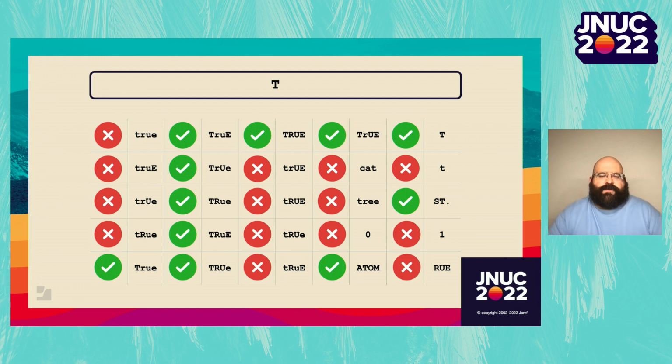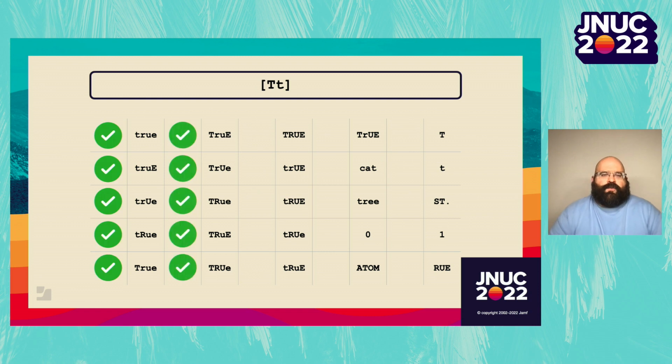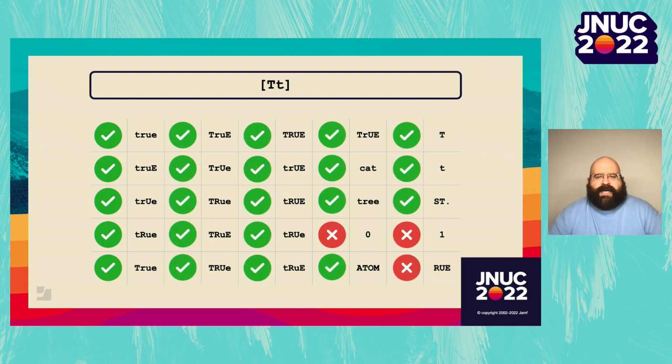Well, that takes us to the first set of special characters that I want to introduce to you, and those are square braces. What we're going to do with those square braces is enclose an uppercase and a lowercase t in them, and that makes a list of characters. What this tells a regular expression is that in this one location, there can be either an uppercase T or a lowercase t.